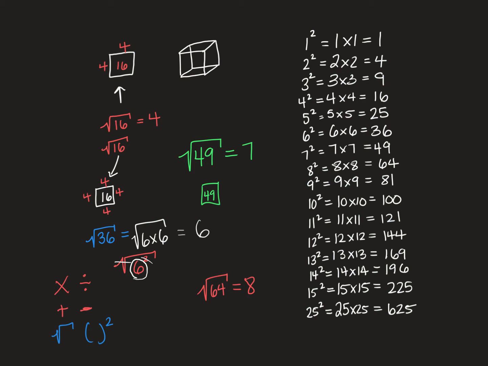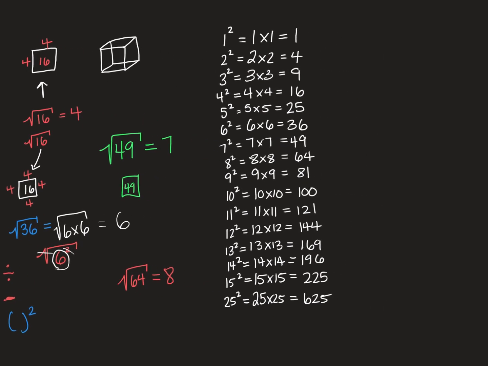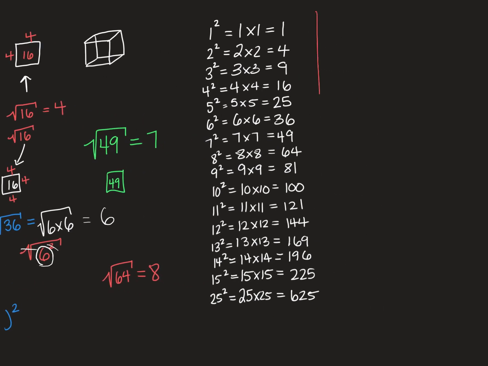So now let's write another pattern. This is going to be our other pattern. Well, the square root of 1, that's just 1 times 1, which is 1. The square root of 4 is 2. The square root of 9 is 3.